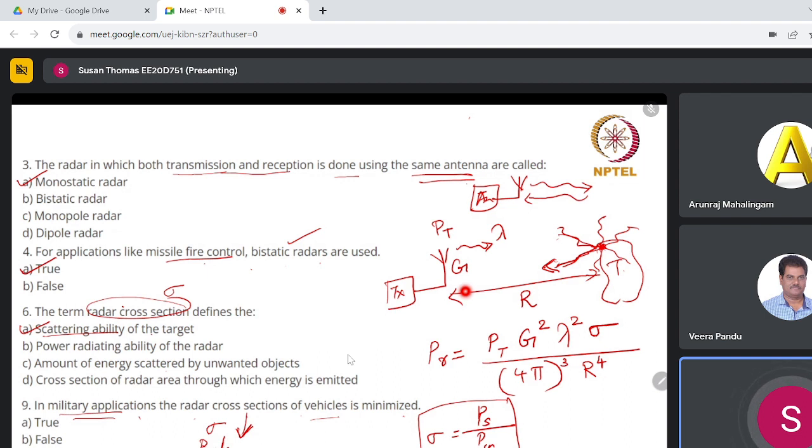That is the idea of reducing the radar cross section of vehicles in military applications. I hope you understood the concept. The lower the radar cross section, the less power is scattered by that object. Therefore, that object will not be detected. That's the application in the military area.